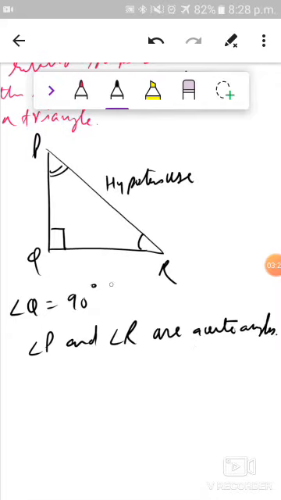So the perpendicular and the base will be decided by these acute angles. Suppose I say for angle R.